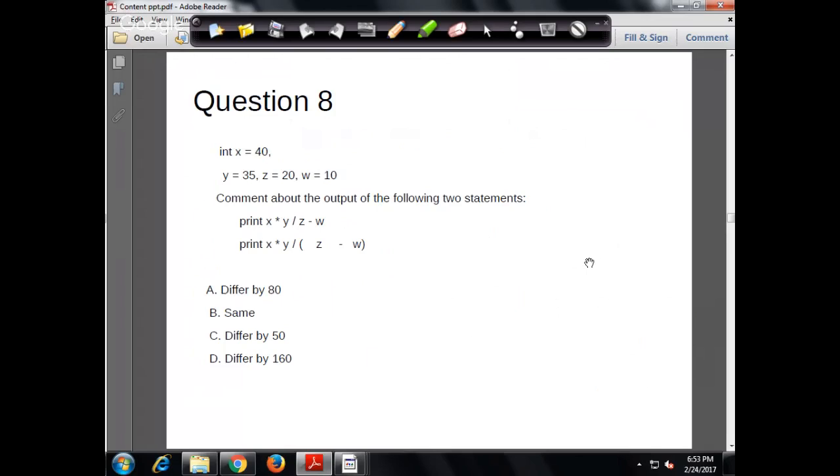Good, good. Arun Pratap has changed the answer from C to B. So let me give the tip for this question. Let me show you the tip.